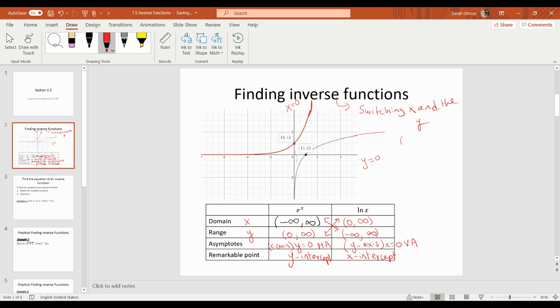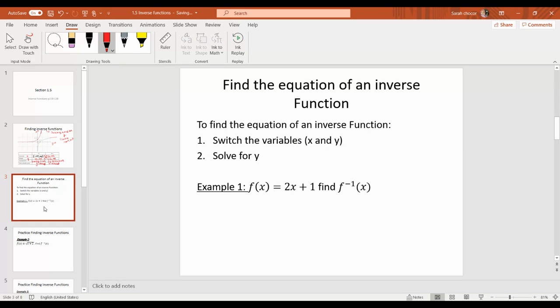In other words, switching input and output. In the next slide, we're going to see how our objective is to find the equation of an inverse function, and it's not only going to be exponential and log. You can be given any type of function, and the question would be to find the equation of the inverse.